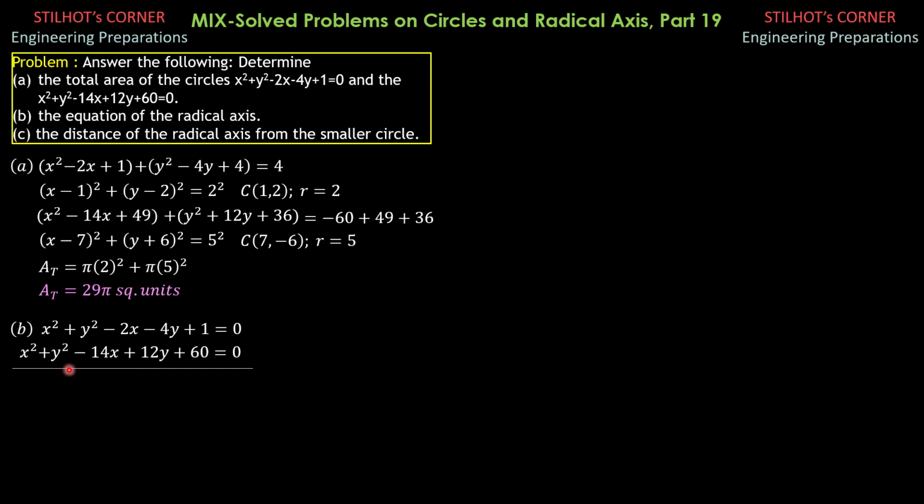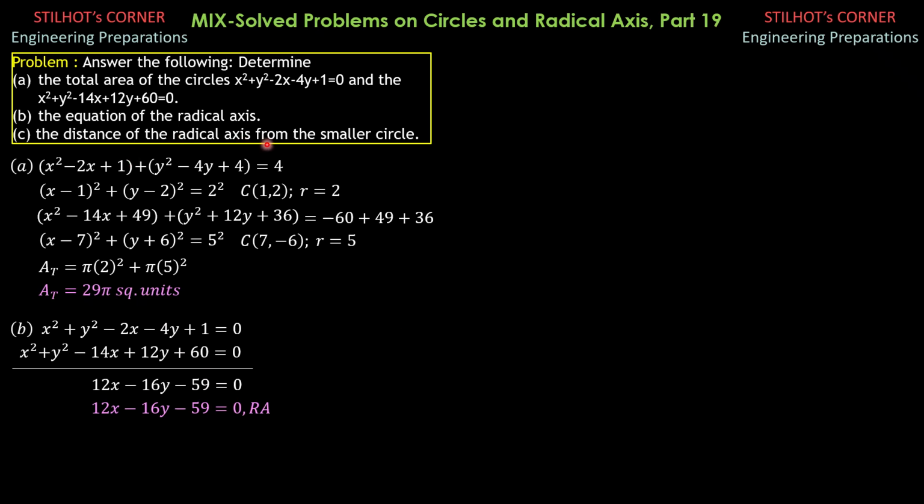Negative 2x minus negative 14x is 12x, negative 4y minus 12y is negative 16y, and 1 minus 60 is negative 59. So that is 12x minus 16y minus 59 equals 0. This is the radical axis because we cannot simplify this anymore.